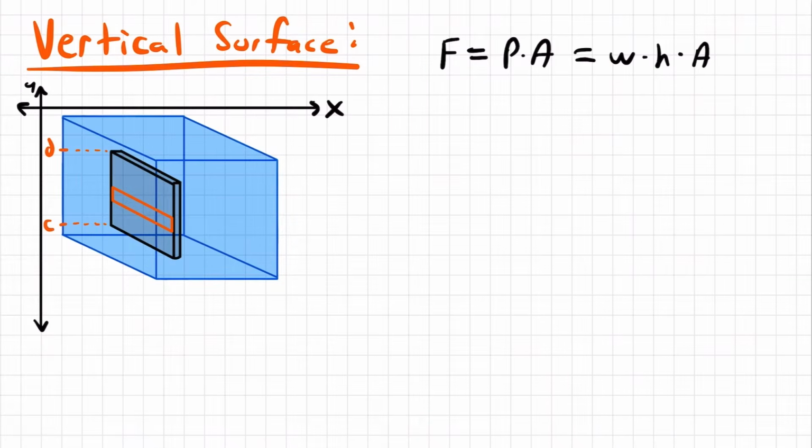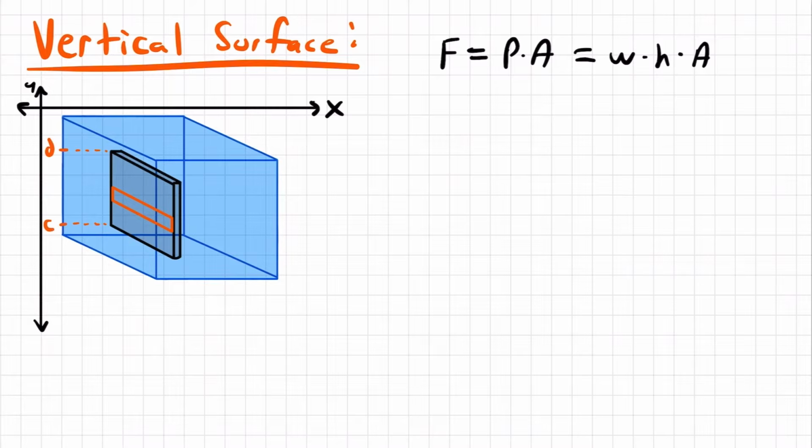What we can do is represent the height and the area of this representative rectangle in terms of y. And I say in terms of y because if we're going to set up a definite integral here to represent the fluid force, we're going to be integrating between these two values of depth, C and D, which are going to be values along the y-axis. And so we're going to want to work in terms of y.